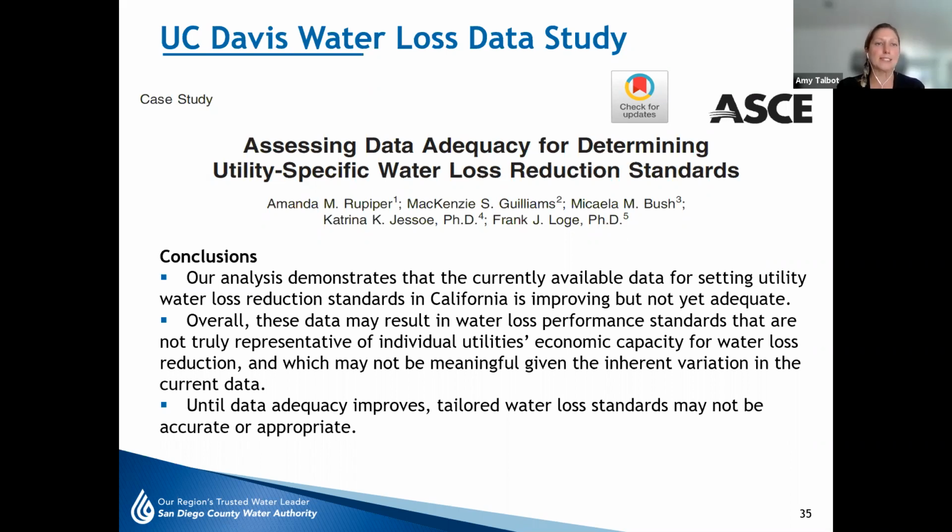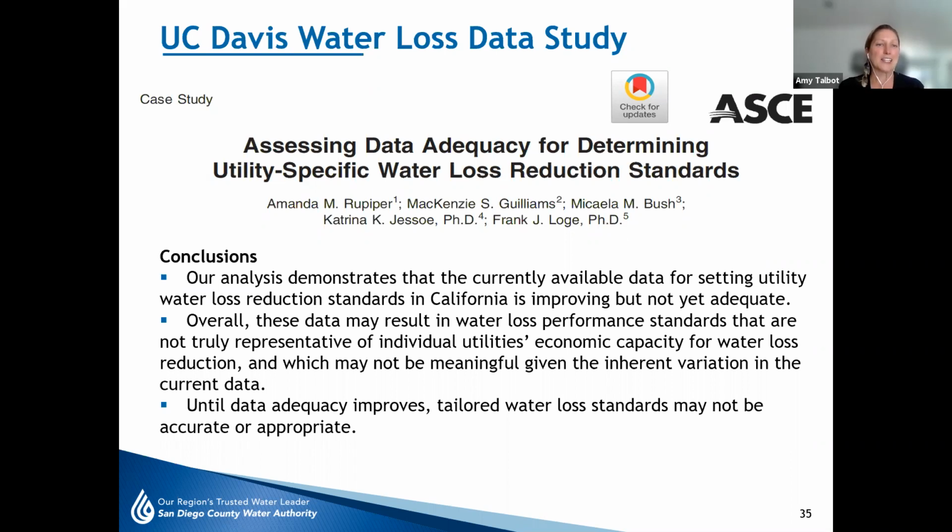And they essentially concluded that the available data used for setting water loss reduction standards is improving but not accurate. They're basically saying, we're not sure about the state or anyone using this audit data to calculate a regulation.